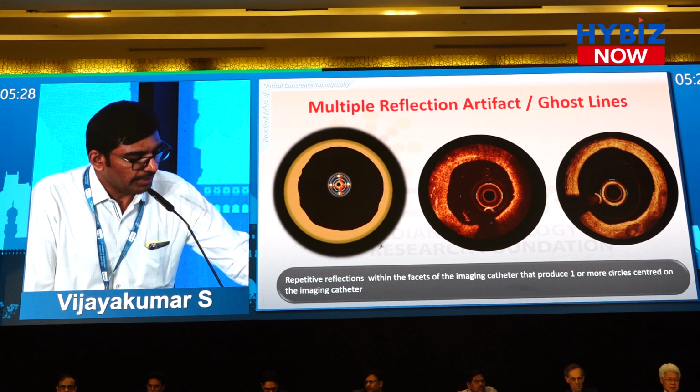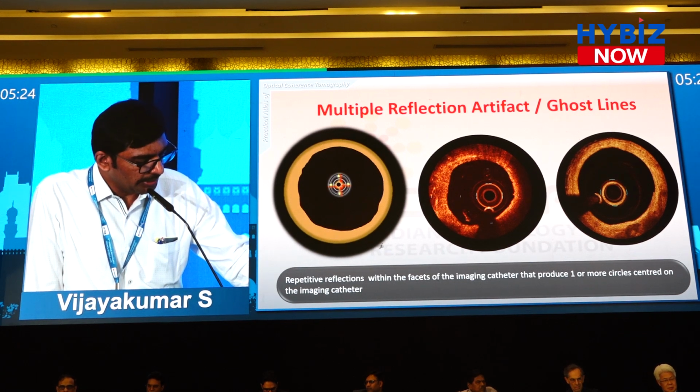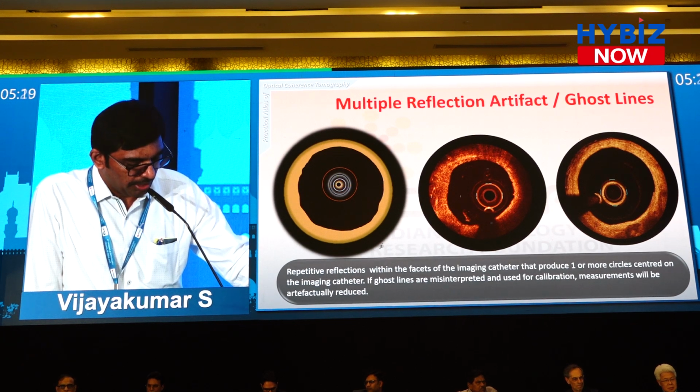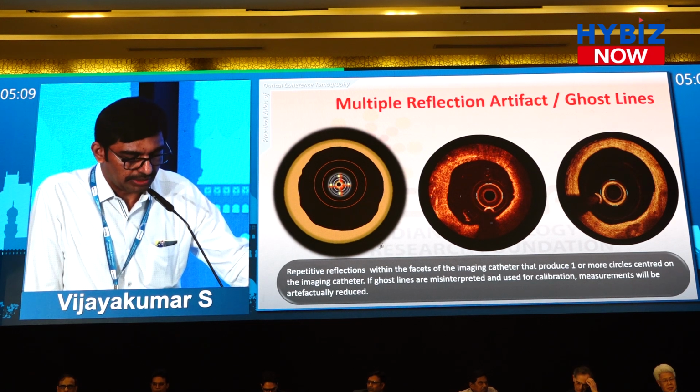The next artifact is the multiple reflection or ghost lines. Repetitive reflections within the facets of the imaging catheter produce one or more circles centered around the imaging catheter. If you misinterpret these ghost lines and make your calibration, measurements will be artificially smaller.